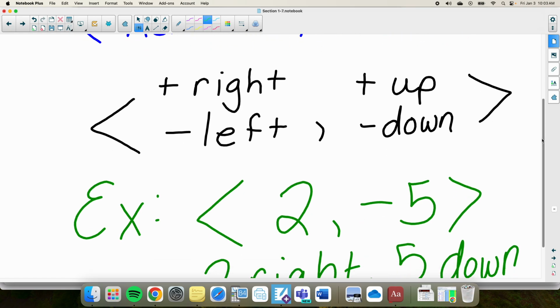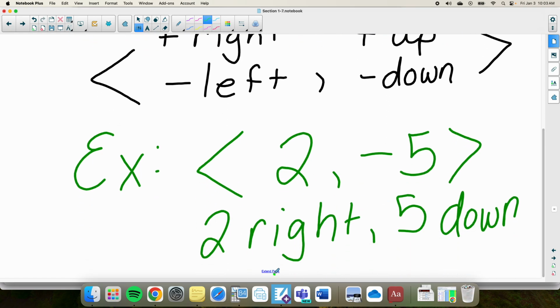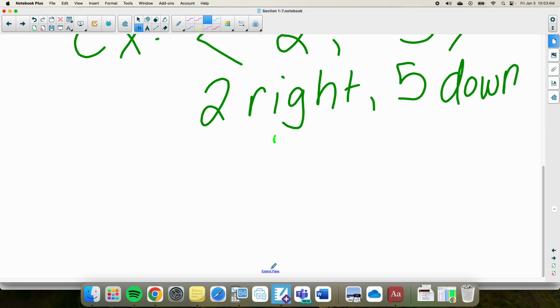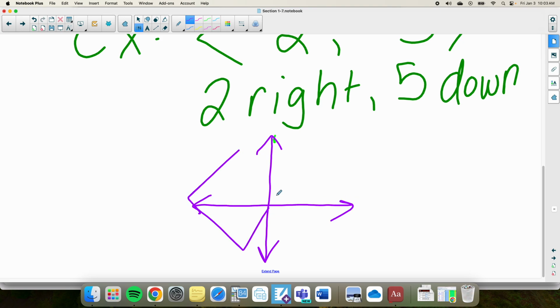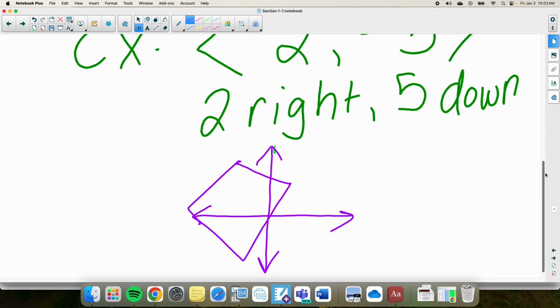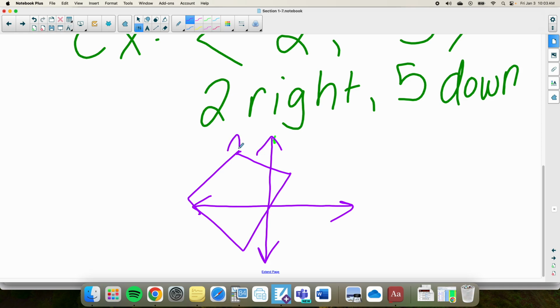So you're gonna have that original figure, like say, I'll just really quick sketch something that it could look like. So let's just say you had a figure that was right here, okay? And it was 2, -5, and say that this was A, B, C, D. What you would do is for every A, you would count 2 over and 5 down.